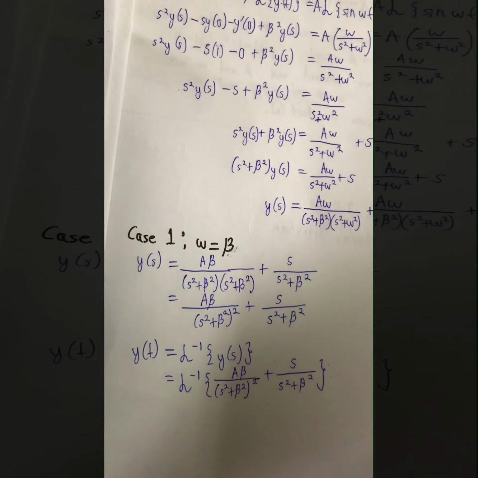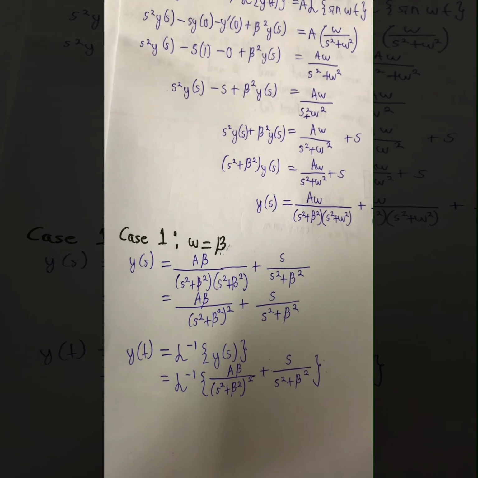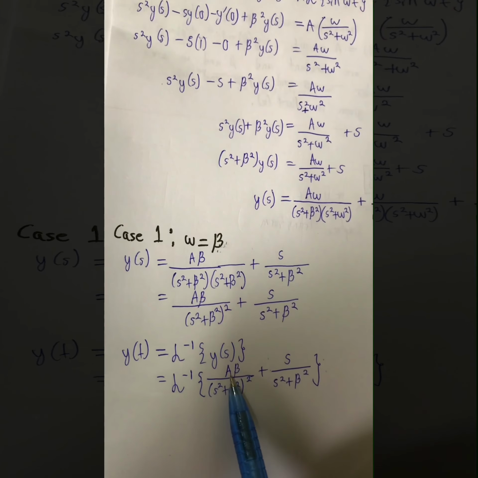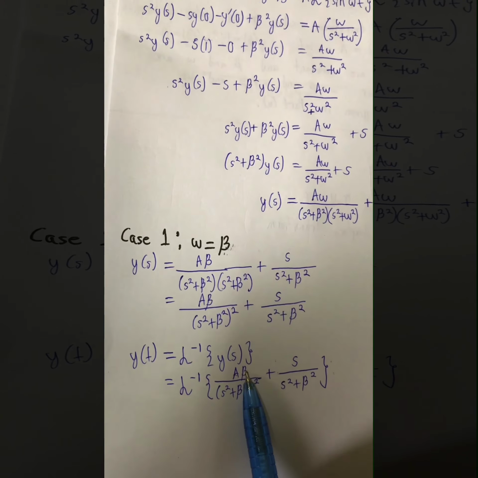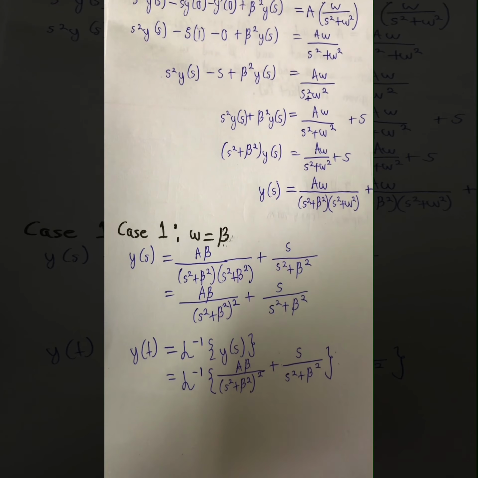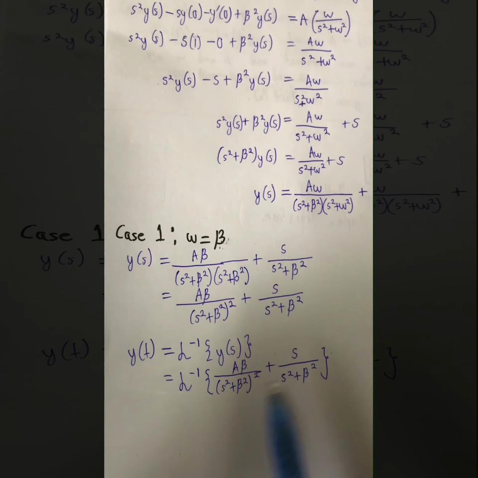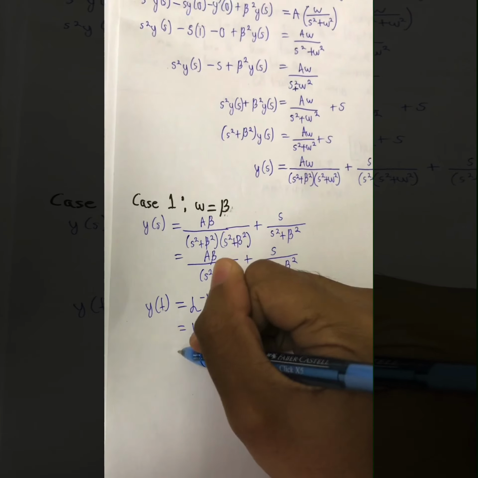We note that a and beta are constant, so we can extract out the a and beta. The most important thing is that these two parts can be separated and we do the inverse Laplace separately.